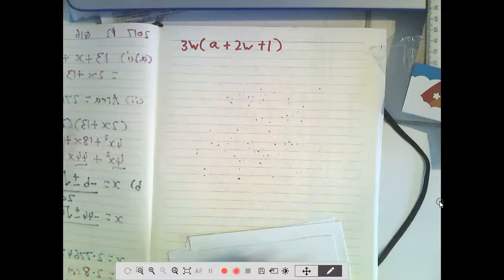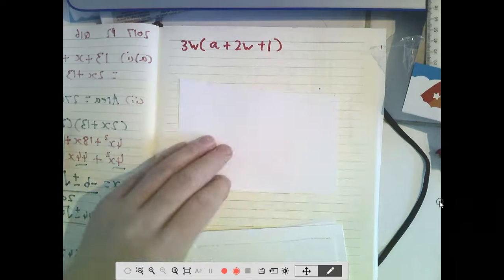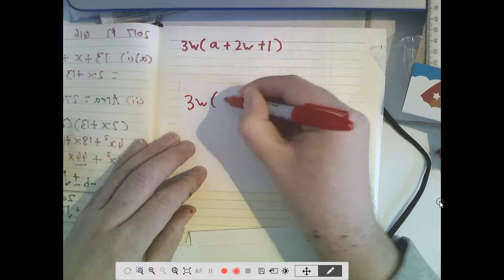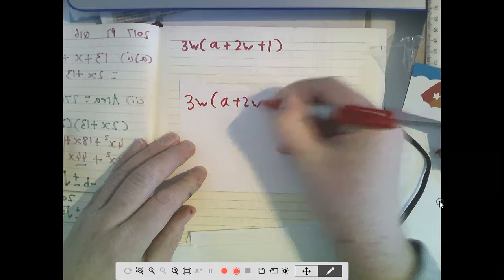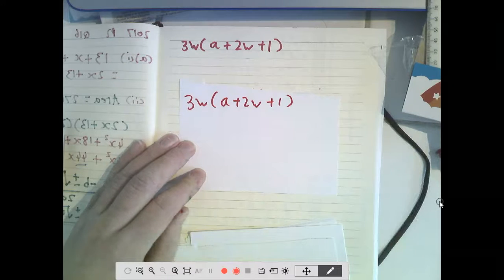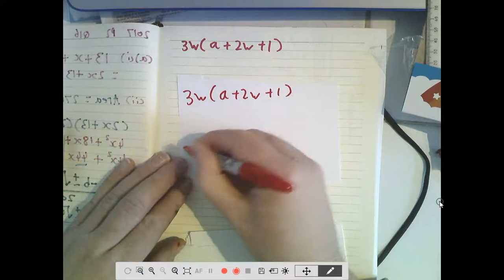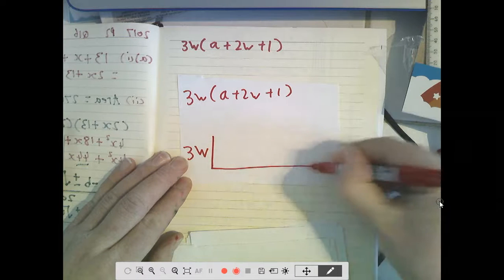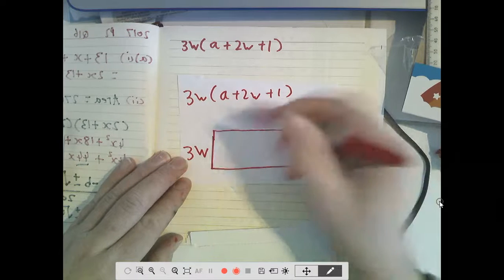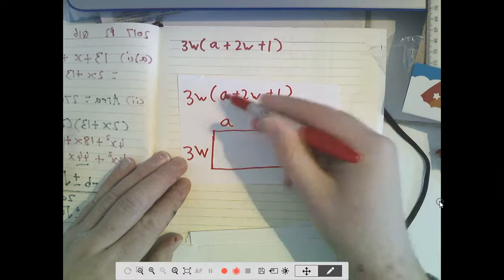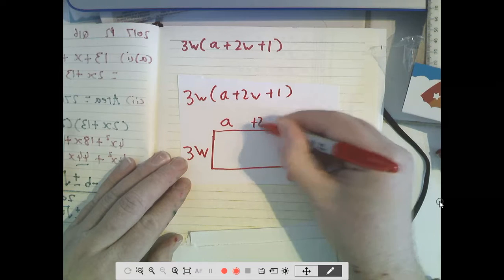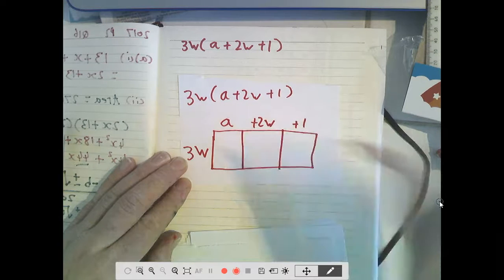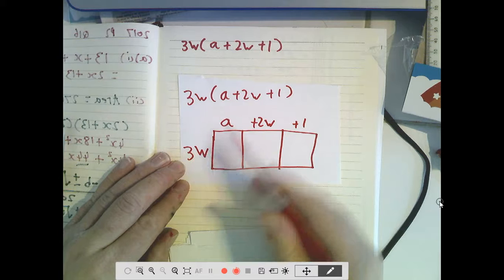What about if there's more than 2 things in the bracket? Maybe we could start to think about that. So why don't we try 3w and then a plus 2w plus 1. Okay, so let's have a go. We might imagine that 3w is there, and we're going to put what's inside the bracket along the top, a plus 2w plus 1. Now you might have sort of expected that at this stage. 3w times a.